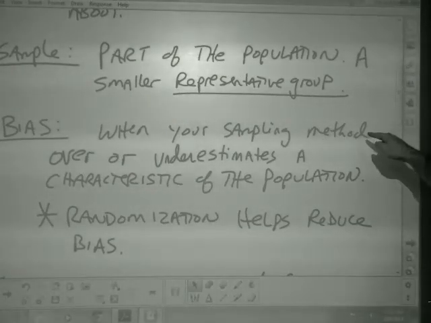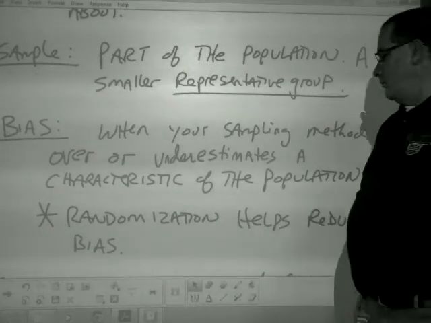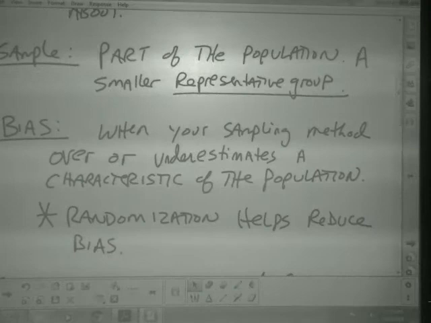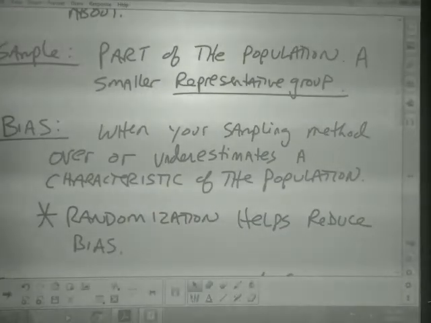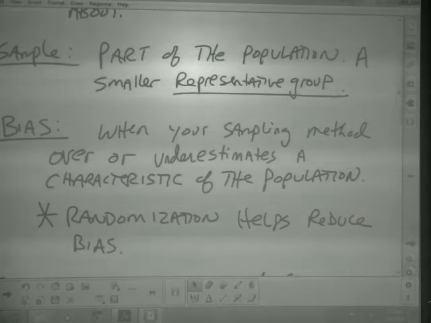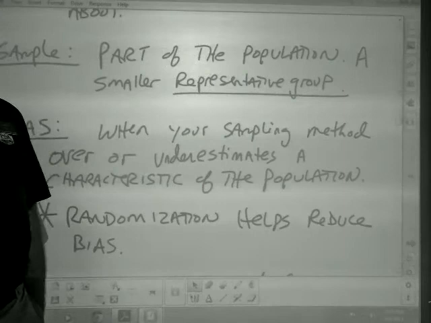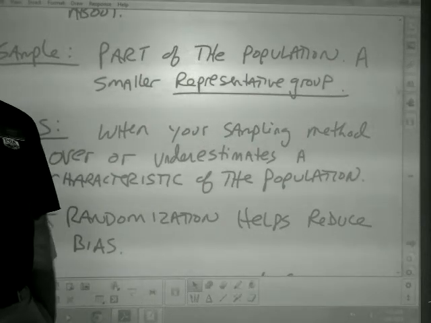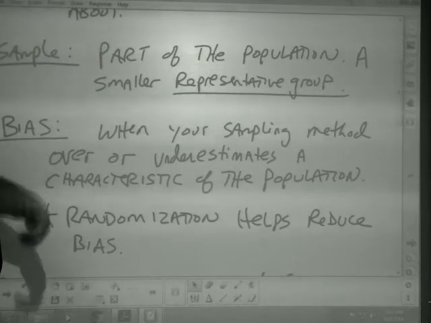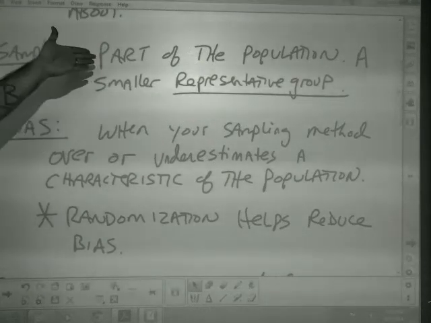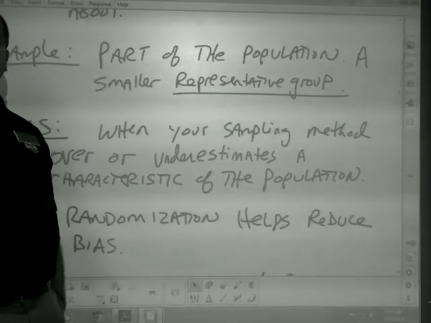Bias is when your method over or underestimates a characteristic of the population, okay? You run into bias when your method over or underestimates a characteristic of the population. So for example, let's say I want to find out what proportion of students at Arcadia High School have their driver's license. My population would be students at Arcadia High School. My sample would be the kids that I select, okay? So I randomly picked a few advisements.